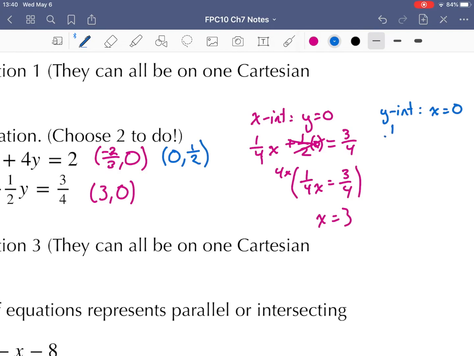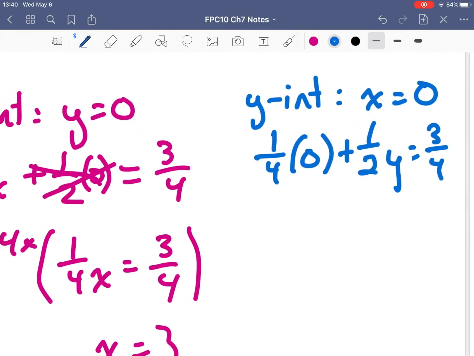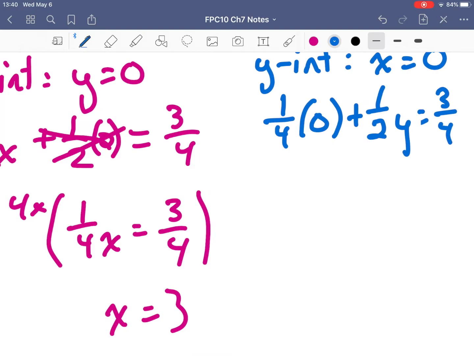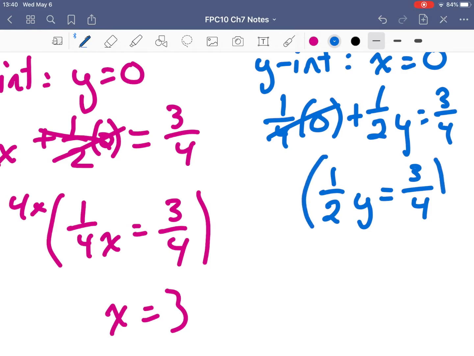To do our y-intercept, we take our x and we substitute 0 in for it. And we get 1/4 times 0 plus 1/2 y equals 3/4. So this will cancel itself out, and we'll get 1/2 y is equal to 3/4.